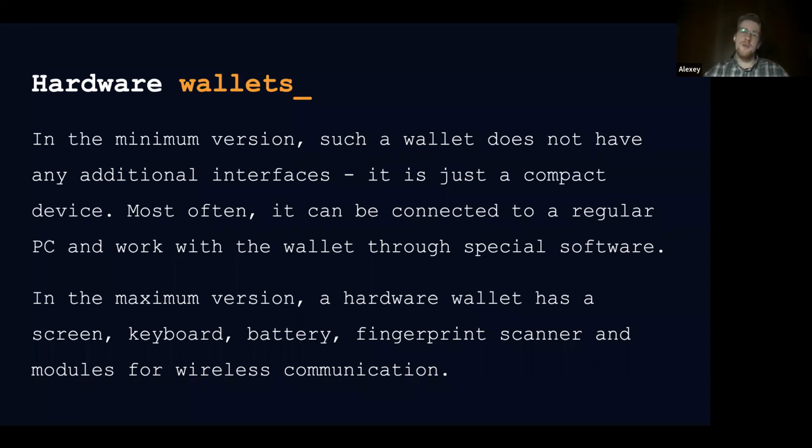This is considered to be a more secure approach because you do not expose your key storage, and a hardware wallet is a key storage basically, to the outside world. That's why you do not need to protect it with a firewall. You do not need to protect it with antivirus software 24/7. You only need this protection when you connect the device to your main computer and do your operations.